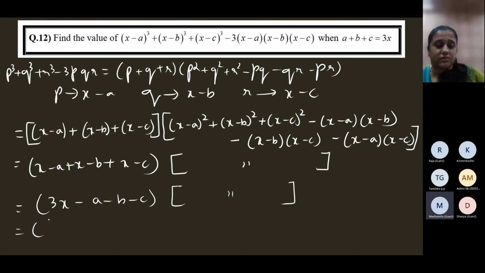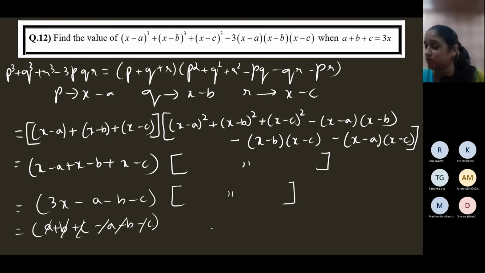A plus B plus C, ma'am. Yes, so instead of 3x, you can write a plus b plus c, and that minus a minus b minus c as it is. So a minus a, b minus b, c minus c gets cancelled. So 0 into the second bracket, which is 0. This is one way of working. So the value of the given expression is 0.